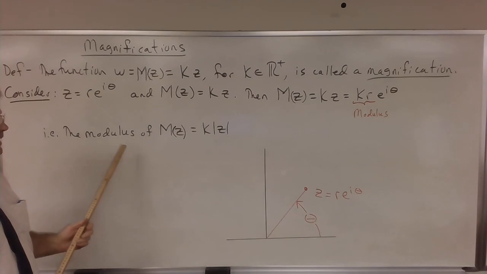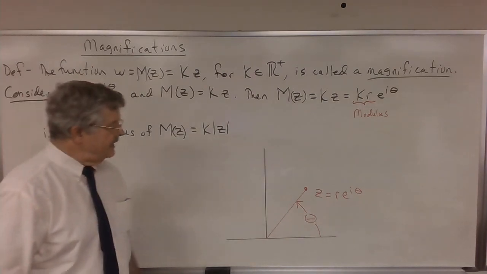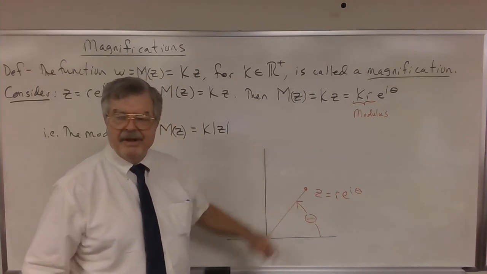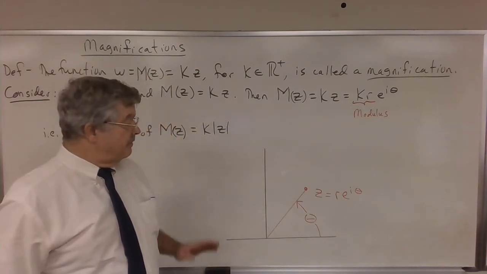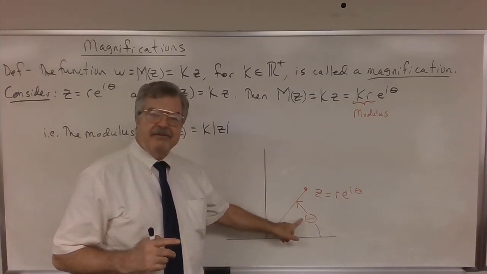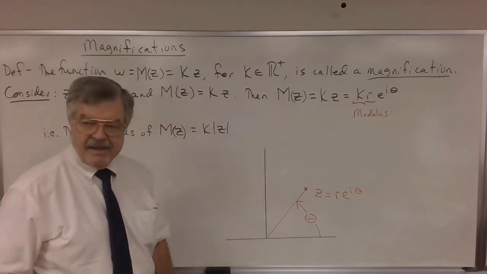So a magnification essentially magnifies the distance of a point from the origin. It doesn't change the angle with respect to the positive x-axis at all.